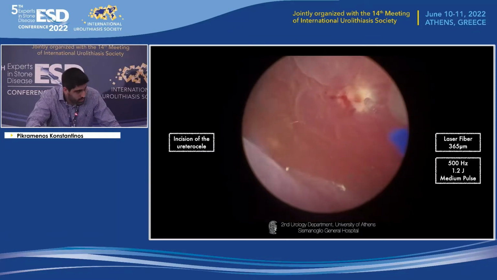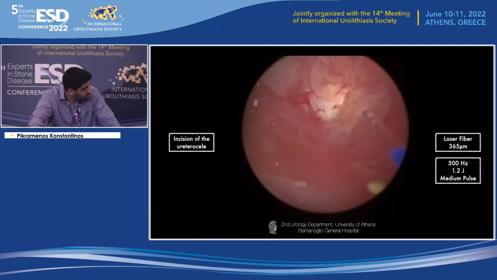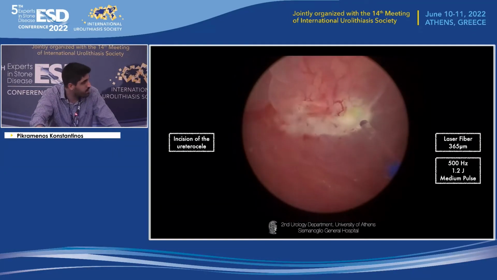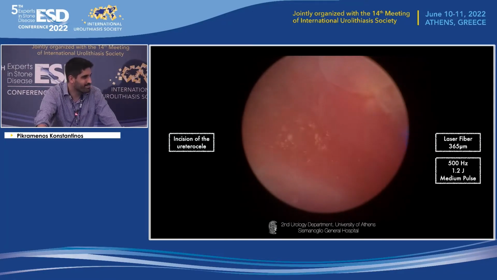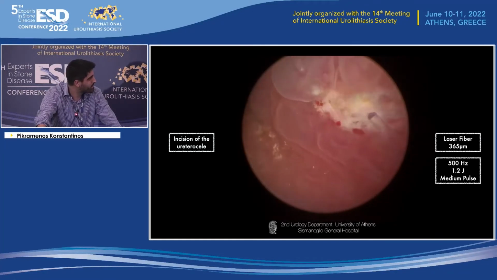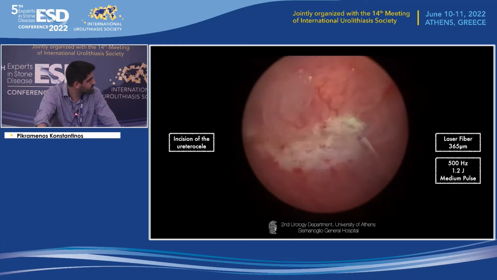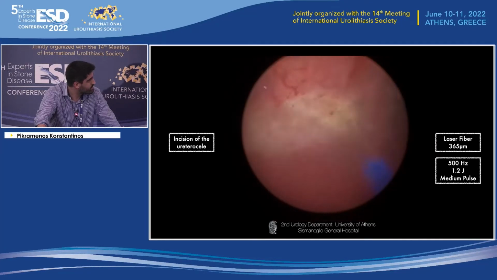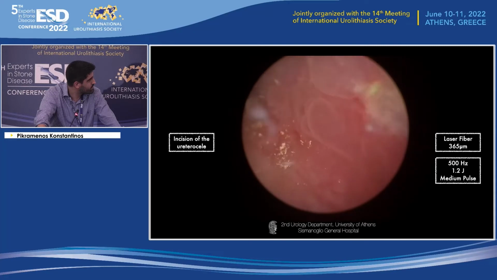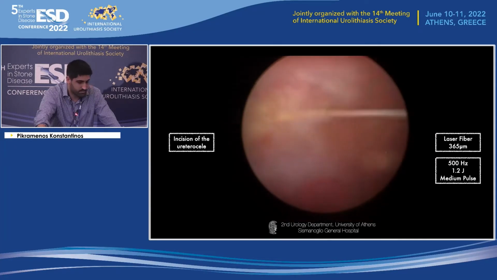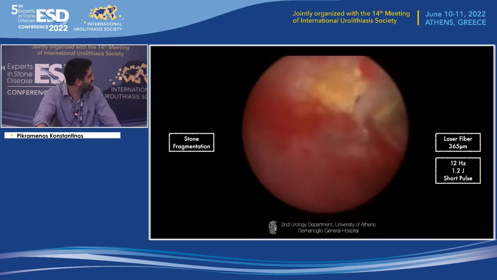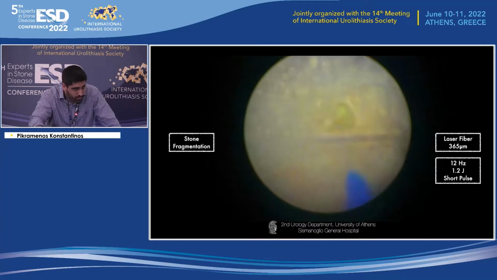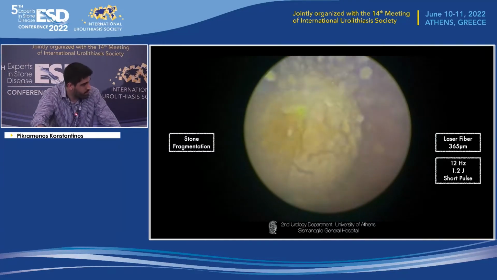We start with the incision. A laser fiber is used, 365 micrometers. We continue with the stone fragmentation with the same laser fiber.